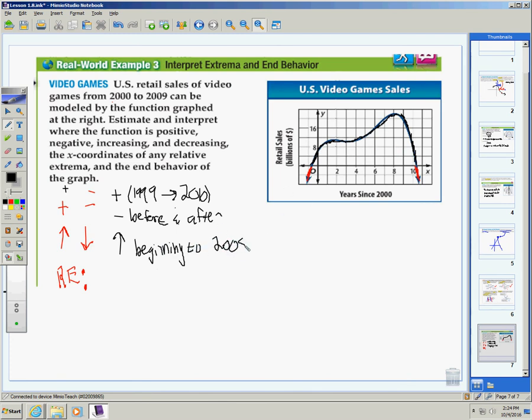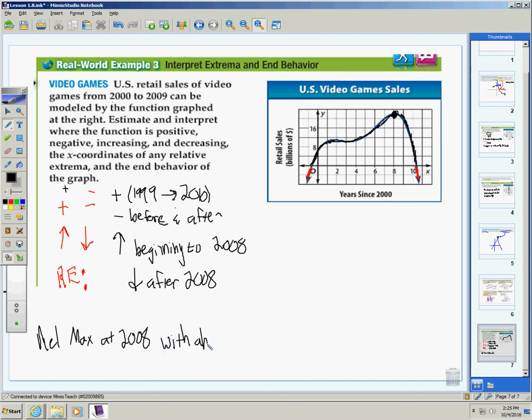And notice, this doesn't say 2008, but this says 8 years since 2000. So that would be 2008. And then my relative extrema, I've got not really a max there, kind of, at 2002. But the one I'm really concerned about is at 2008. I've got a max, relative max, at 2008, because that's my highest point. And there were about $16 billion in sales here.